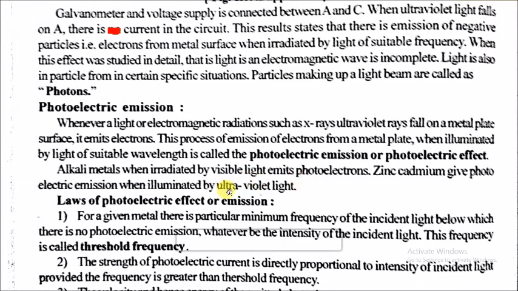Every metal surface requires a particular photon with suitable frequency and wavelength. Alkali metals will emit electrons when visible light is incident, and zinc and cadmium emit electrons when ultraviolet light is incident. So every metal requires a different type of light to show this photoelectric effect.